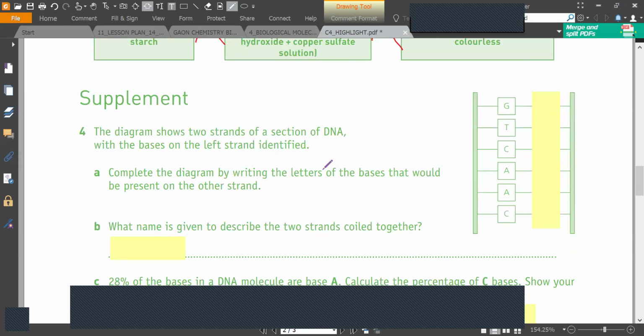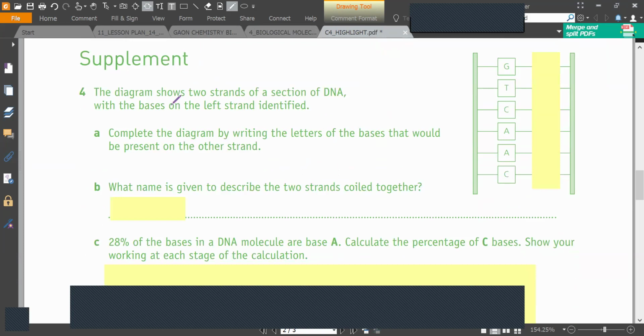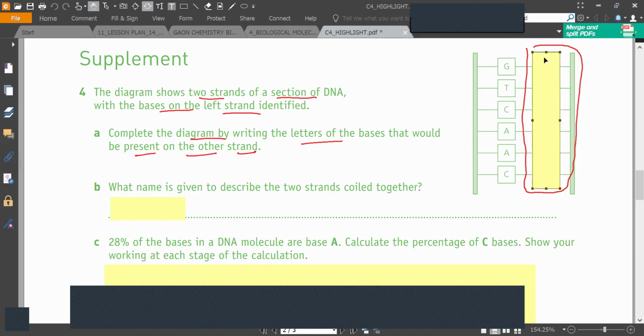Now, this diagram shows two strands of a section of DNA with the bases on the left strand identified. Complete the diagram by writing the letters of the bases that would be present on the other strand. So this is easy, you can try. For G, we will be matching with what?